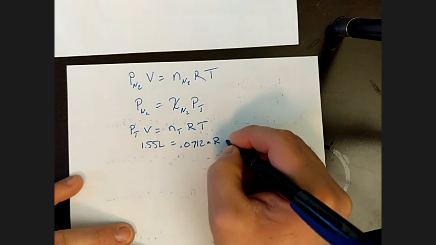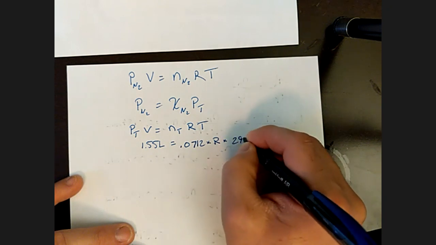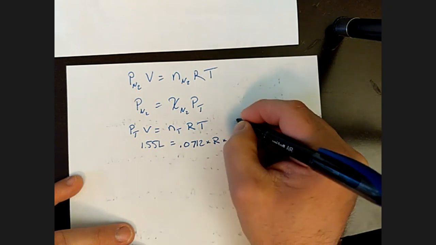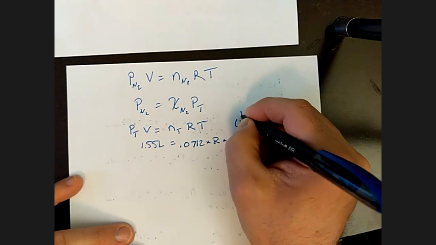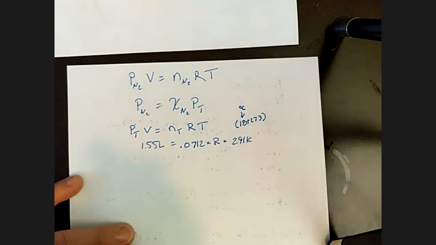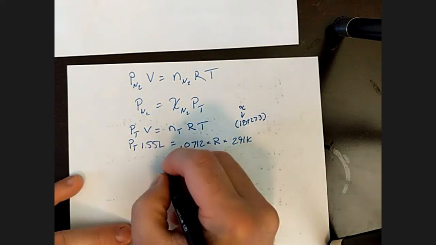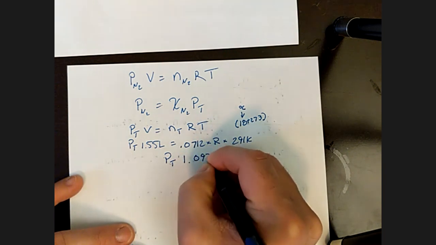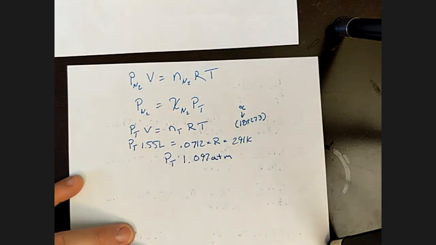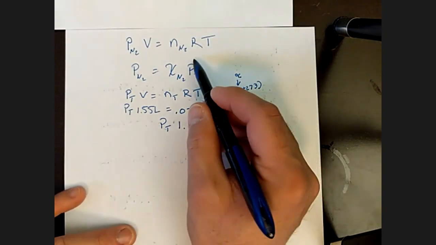R is a constant, and it was 18 degrees C, so that's 291 Kelvin. In this case, it's just a little rearrangement. So my total pressure in my system is that.